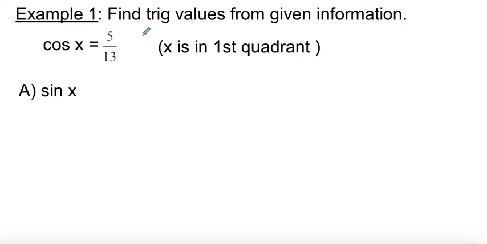So just like we've been doing all along, we can use our Pythagorean identity, cosine squared x plus sine squared x is equal to 1. So cosine there is 5/13, and then we have to square that.